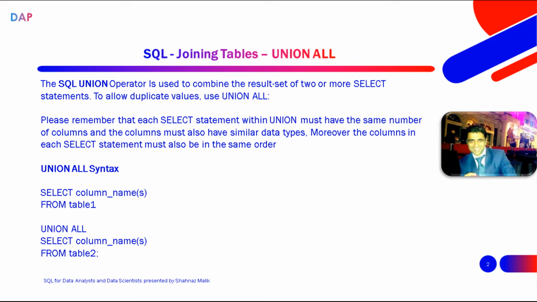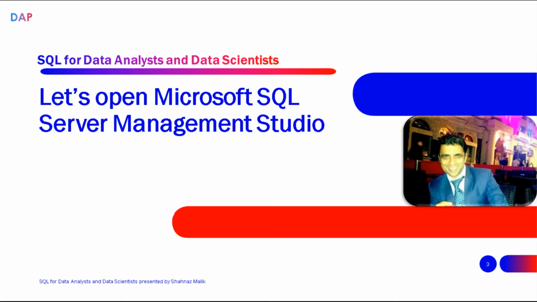The conditions and the syntax remain pretty much the same, except that you have UNION ALL and not only UNION. To see how it works and what differences it has, we have to open our SQL Server Management Studio and have a look.